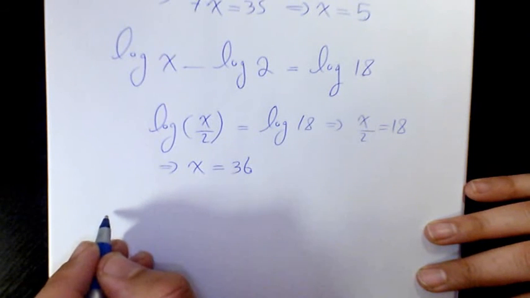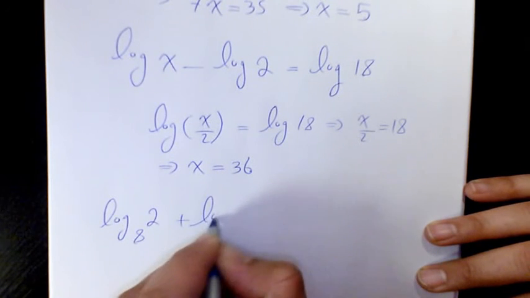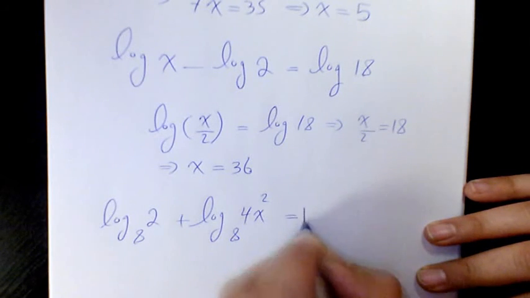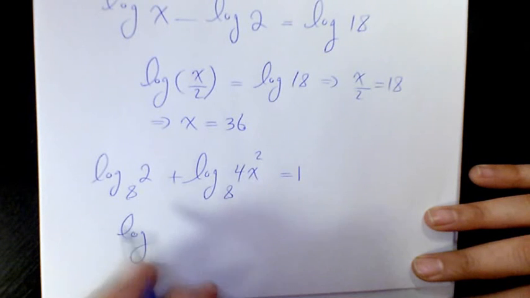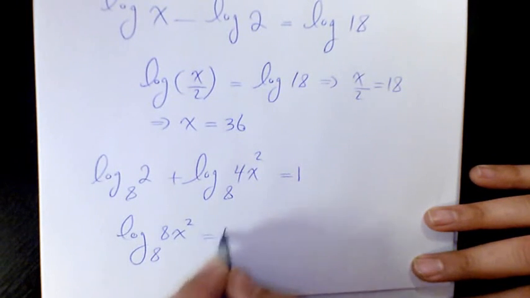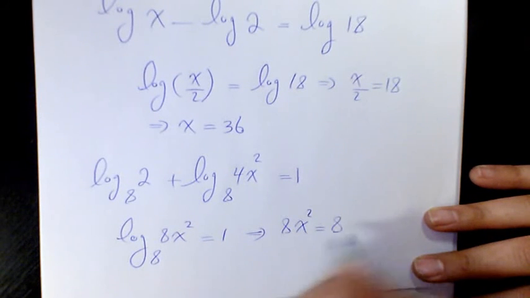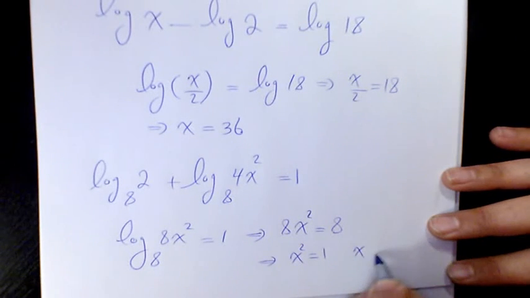Next one. Log 2 base 8 plus log 4x squared base 8 equals 1. We can use the product rule. 2 times 4x squared is going to be 8x squared base 8 equals 1. So we can say 8x squared equals 8. Therefore, x squared is 1. So x can be 1 or negative 1.